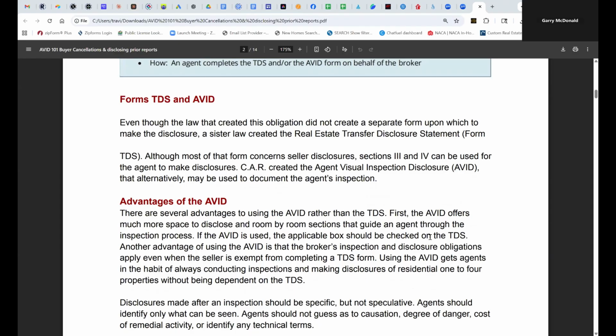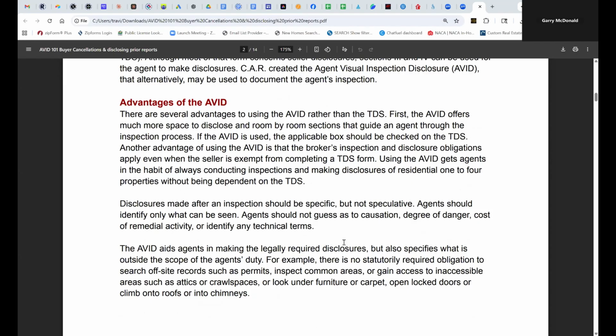Although most of that form concerns seller disclosure, sections 3 and 5 can be used for the agent to make disclosures. C.A.R. created the Agent Visual Inspection Disclosure, the AVID, that alternatively may be used to document the agent's inspection. The AVID is the preferred way to do it, and it's the one I recommend as well.